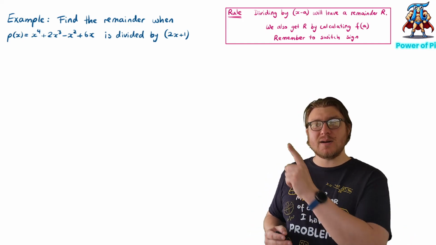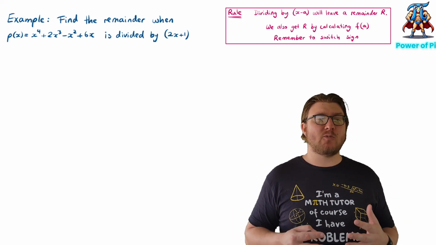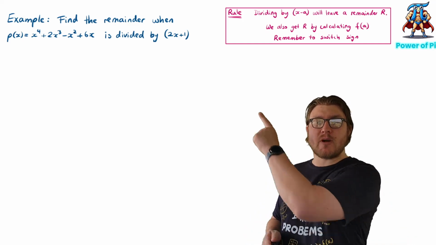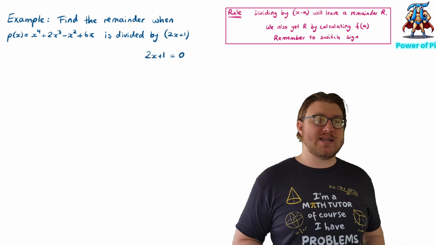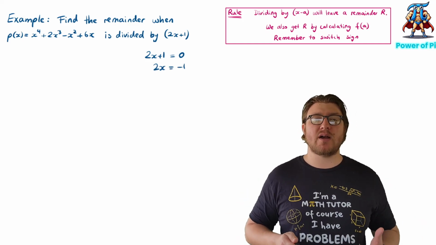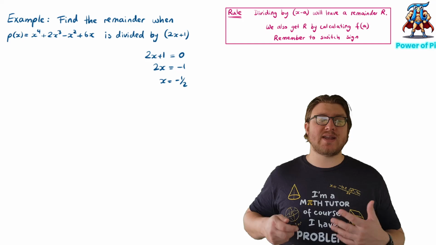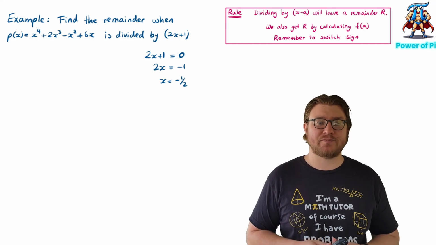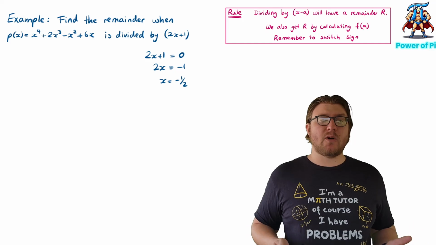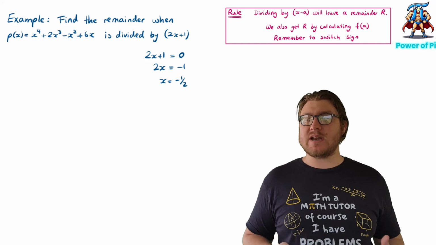Well, it is a little bit different to what I've written down at the top, but basically we can rewrite that bracket to make it equal to 0. So just like when we are factorizing, we would solve this for x, so we get x is a half.